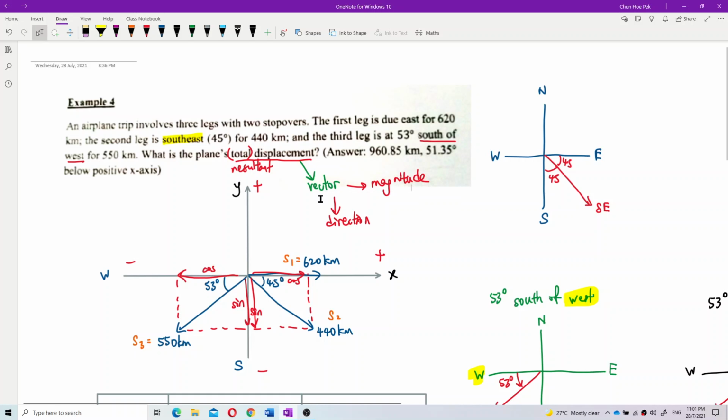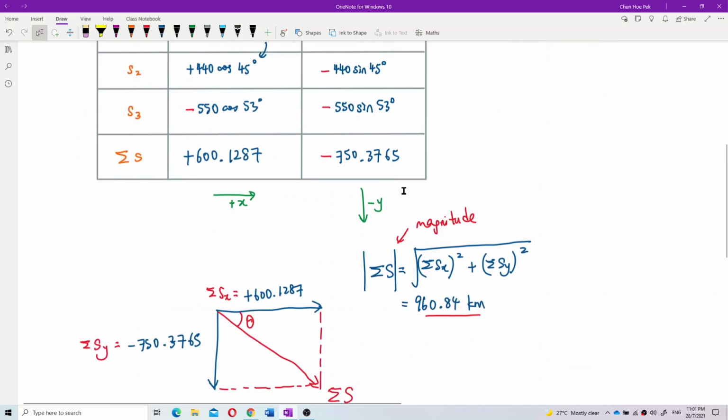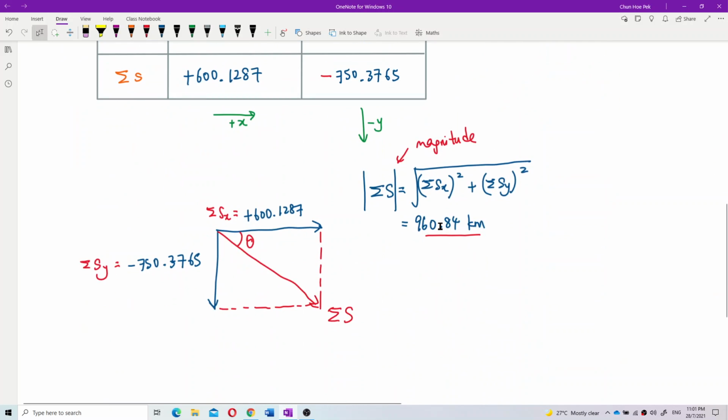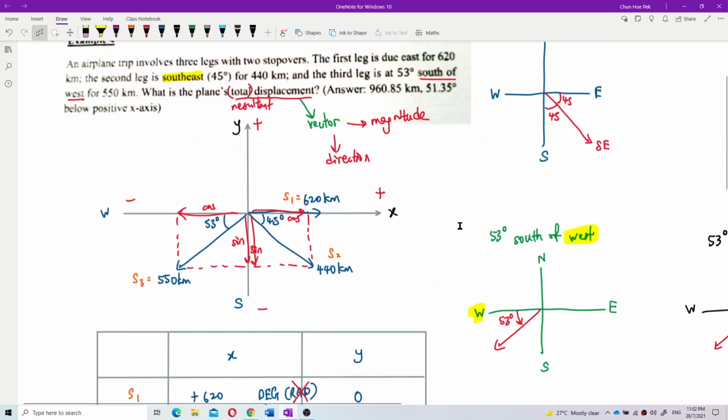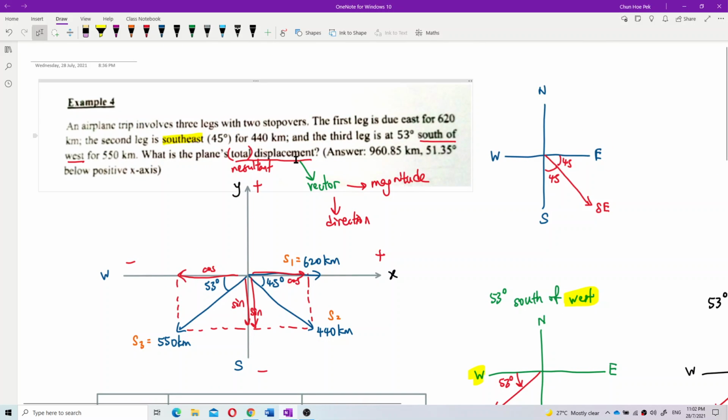Because displacement is a vector. If you just give the magnitude, you only get half the marks. You will lose marks for the direction. It's not complete. When he asks about a vector, you must give both magnitude and direction.